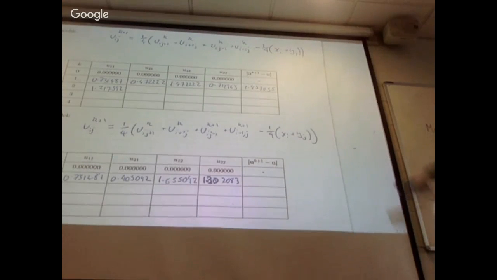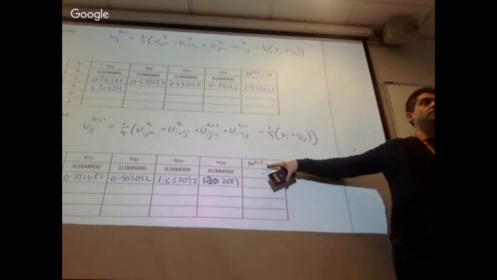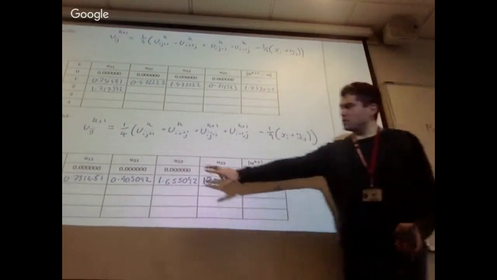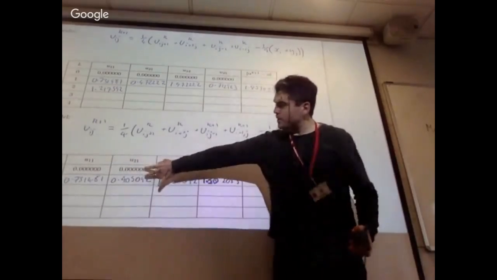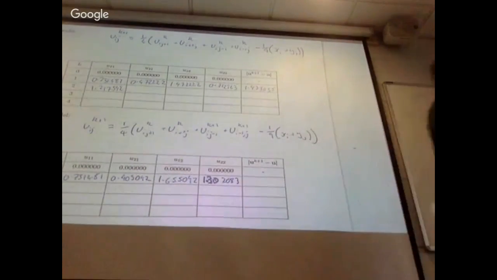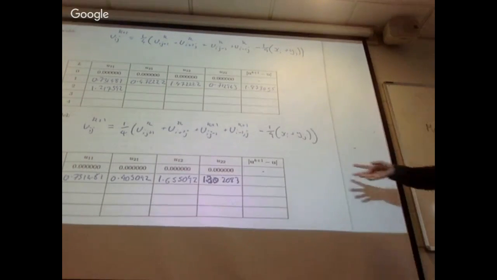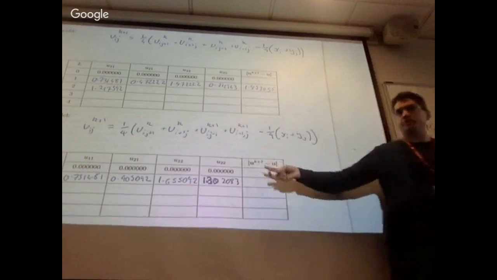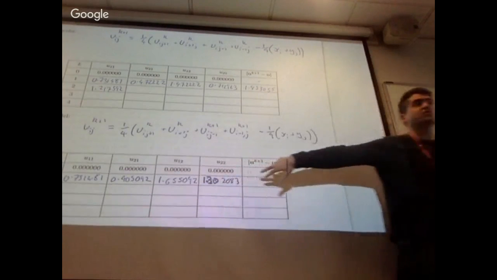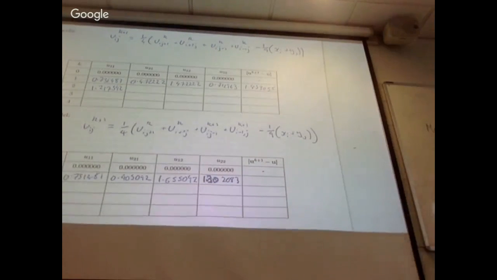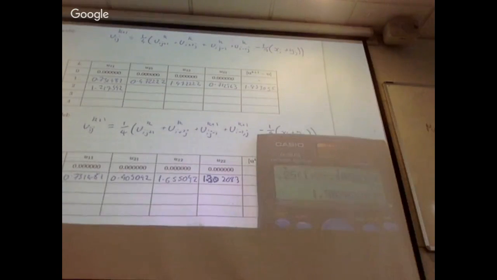Now we have to calculate the error. What we do with the error is we subtract each of these from the one above, square it, add them all together, and square root. So it's finding the magnitude of the difference between those two vectors. I'm going to get my calculator out again.